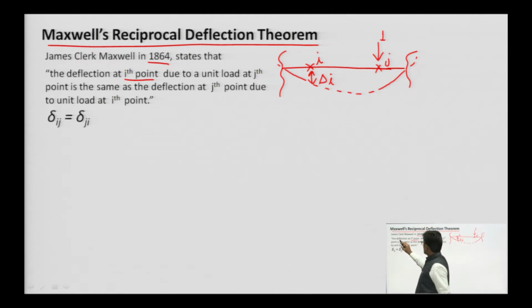The deflection at the ith point due to a unit load at the jth point is the same as the deflection at the jth point due to a unit load at the ith point.